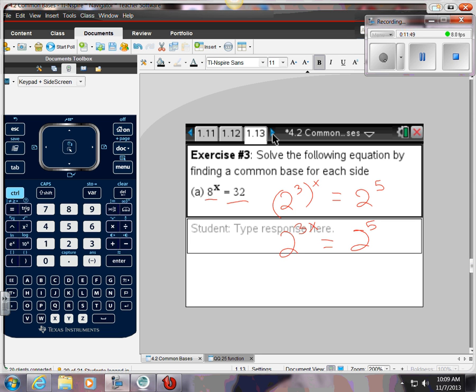We have the same common base, so we can set our exponents equal to each other. 3x equals 5. x equals 5/3.